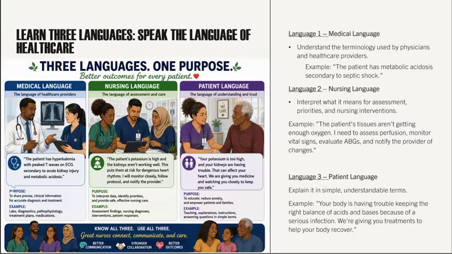As nurses, we need to become fluent in three languages. First is medical language, understanding the terminology physicians and other healthcare providers use so we can collaborate effectively and communicate accurately. Second is nursing language, translating the information into assessment, priorities, clinical judgment, and nursing interventions.